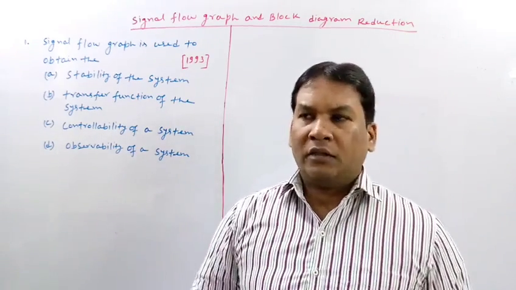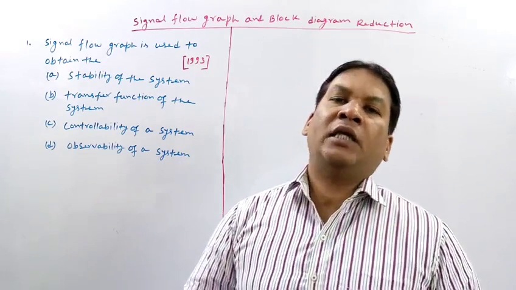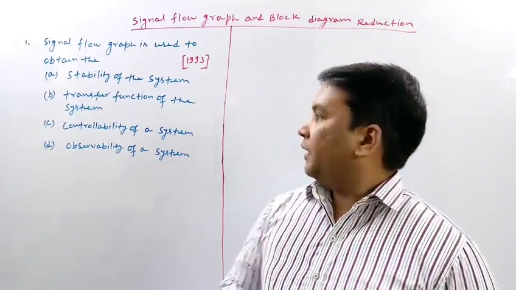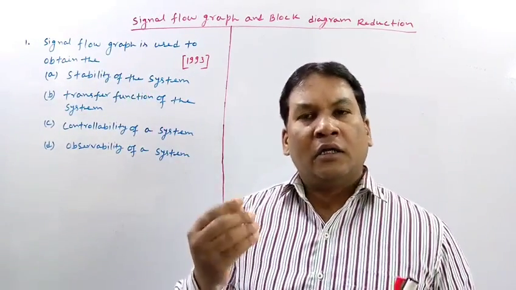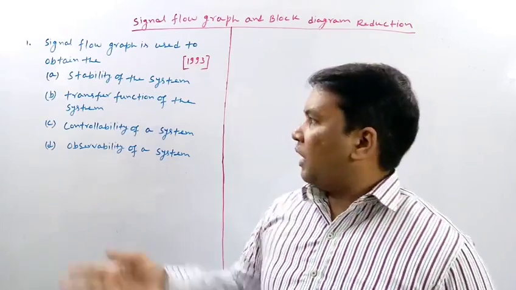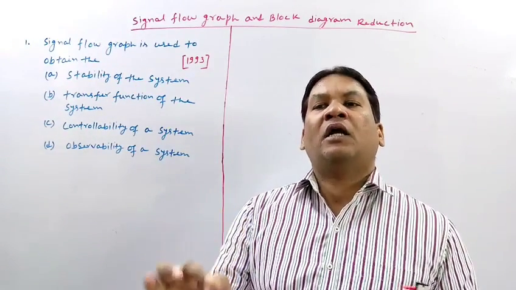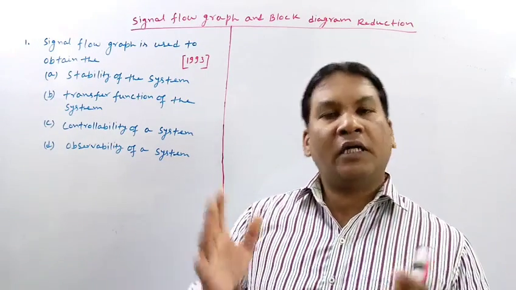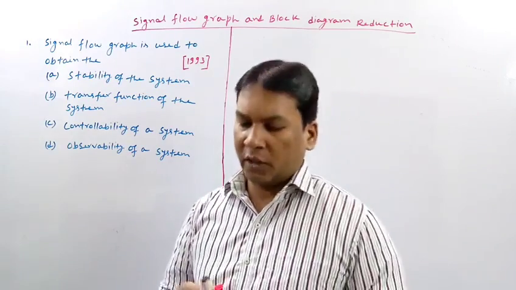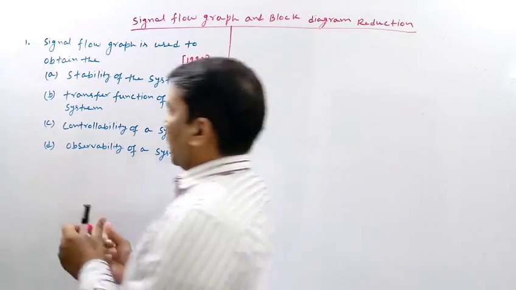I have just told you that signal flow graph has nothing to do with controllability, observability, the type of response, or the stability of a system. It only reduces the blocks and determines the transfer function of the system. So which option will be correct? Option number B is the correct one.